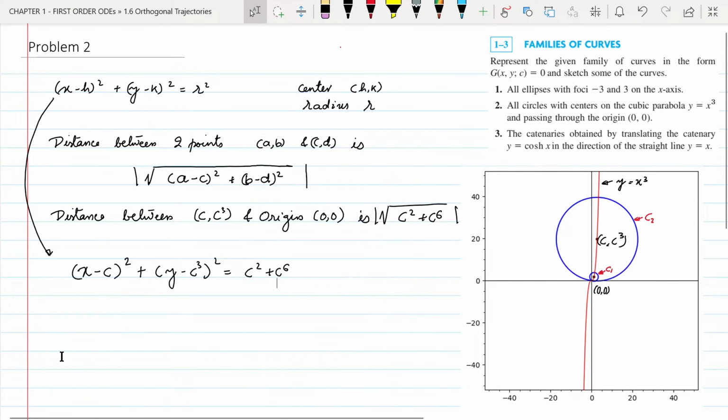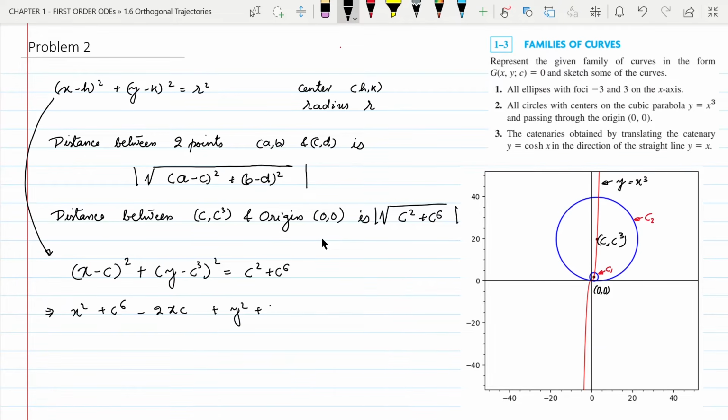And now we can see that this equation has an x term, a y term and various c terms. So this has 3 terms x, y and c. So this is in the similar form g of x, y, c is equal to 0. We just have to rearrange this equation. Now by rearranging, we can write the left hand side as x square plus c square minus 2xc plus y square plus c to the power 6 minus 2y c cube equal to c square plus c to the power 6.